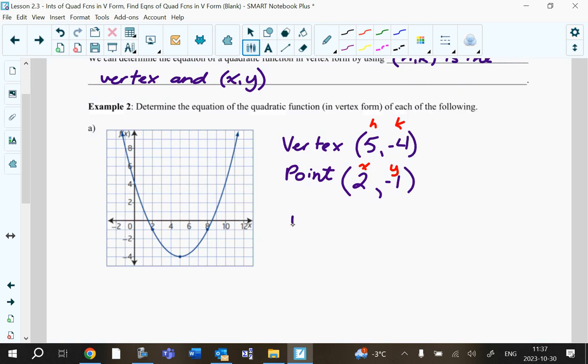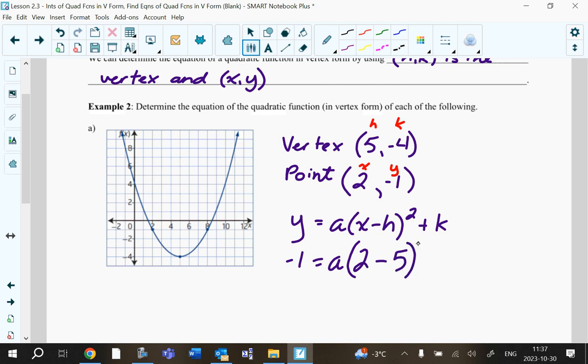So I'm going to use this form, and I'm going to plug in everything I know. Well, y is -1. a is what I'm trying to find. x is 2 minus h, which is 5, squared, plus k, which is -4. I've just created an equation to solve for a.